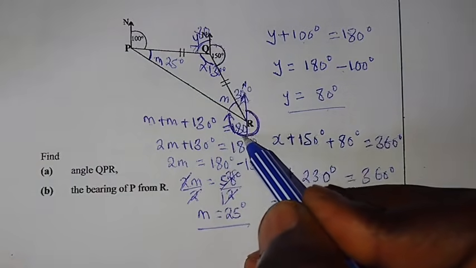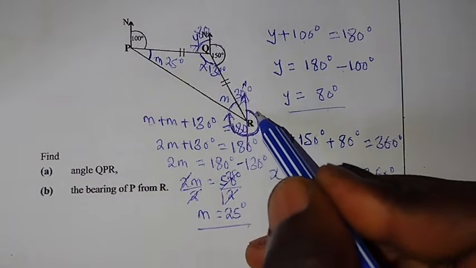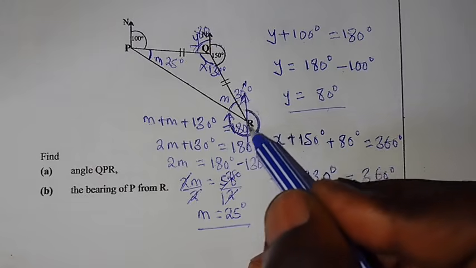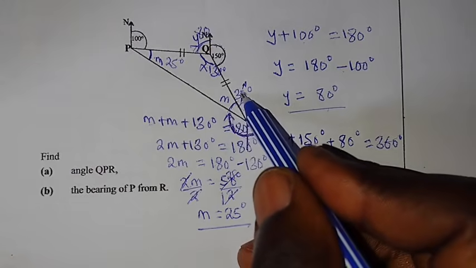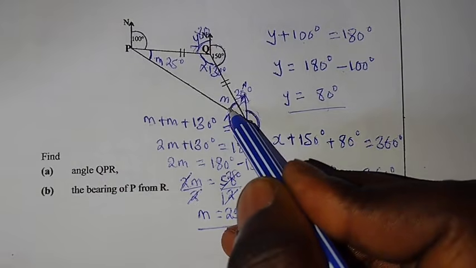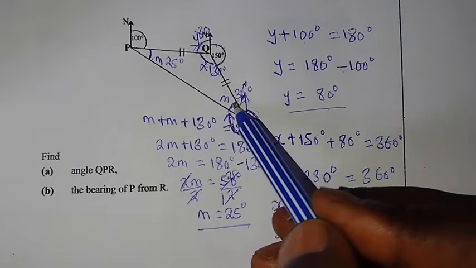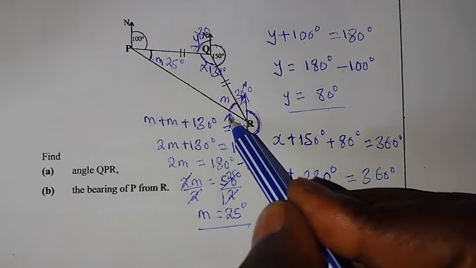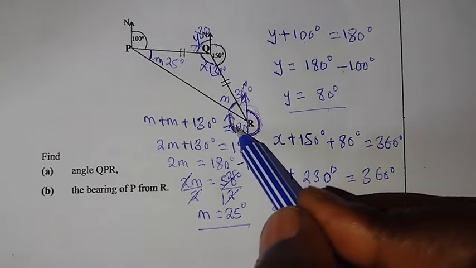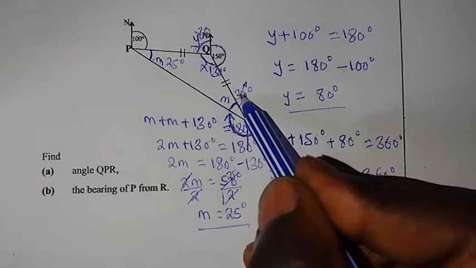Now when you look at this, it will make a complete angle. It adds up to 360. Now we just need to find this angle right here. So here we have a 30 and here we have a 25, because we said this angle and this angle are the same. So to find this remaining angle, we just say 360, which is the complete angle, minus the sum of this angle and this angle.